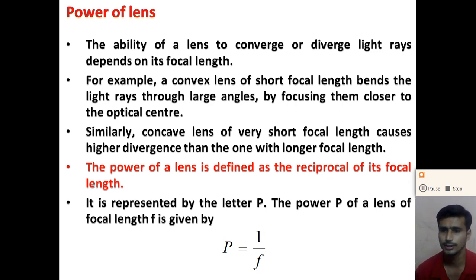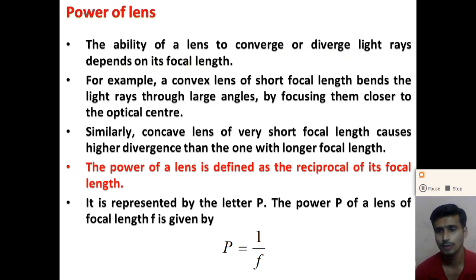The ability of the lens to converge or diverge the rays of light depends on its focal length. A convex lens has a positive focal length and a concave lens has a negative focal length.